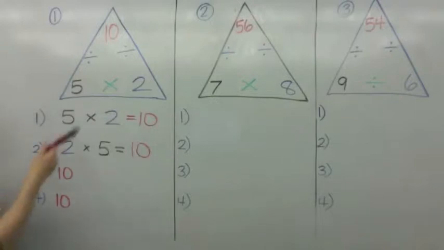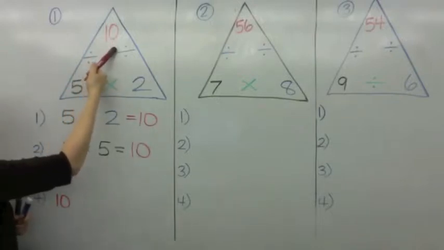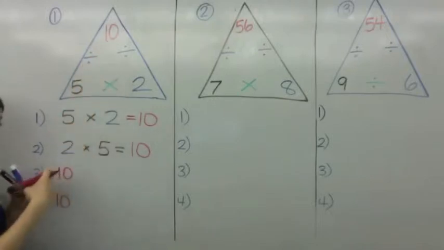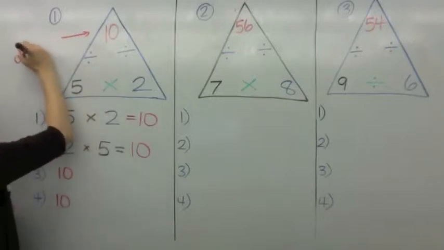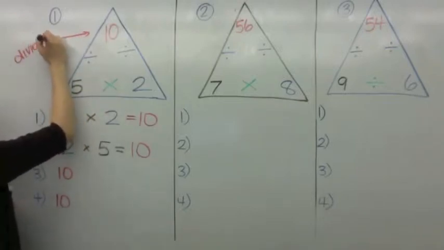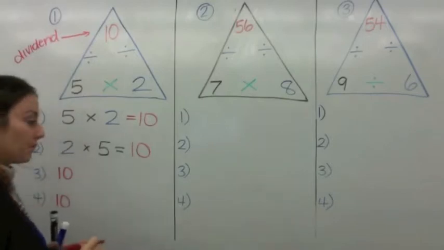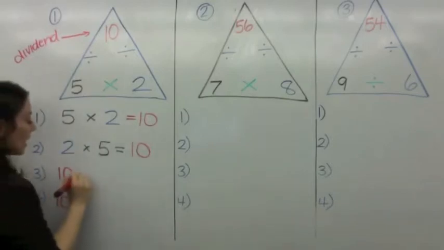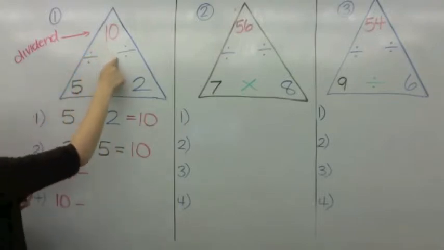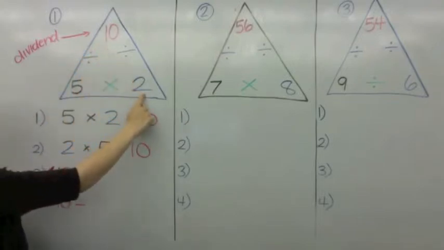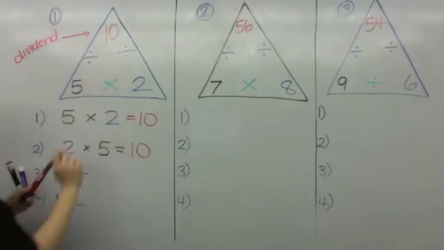This is the number that you're going to be dividing into equal parts. So this number is known as the dividend. The dividend. So you're going to say 10 divided by, and we have 10 divided by 2 on this side and 10 divided by 5 on this side.